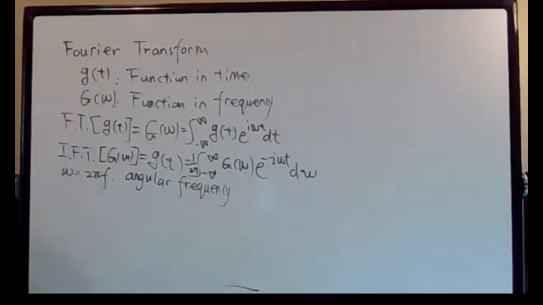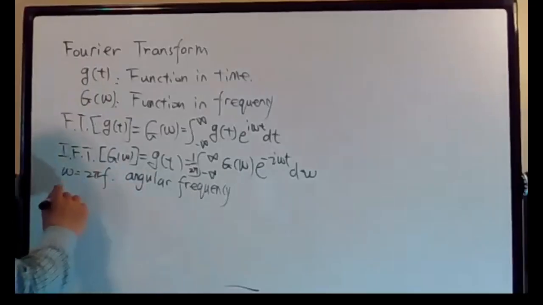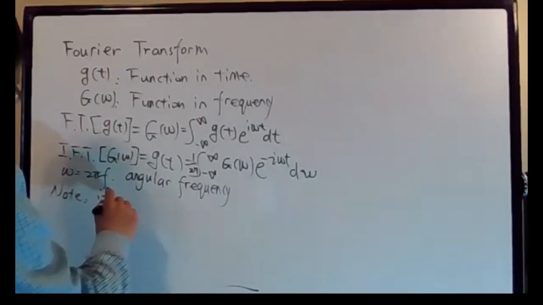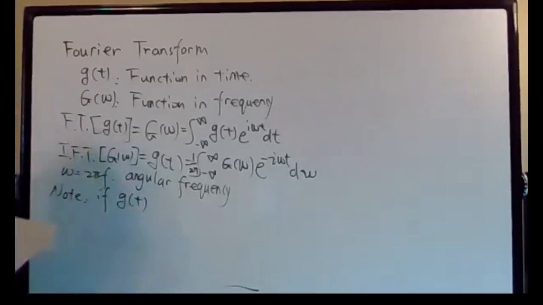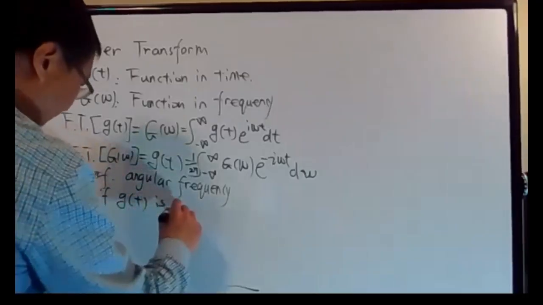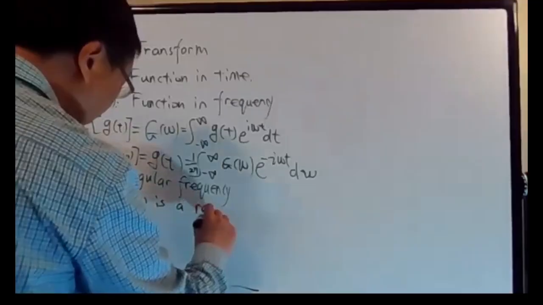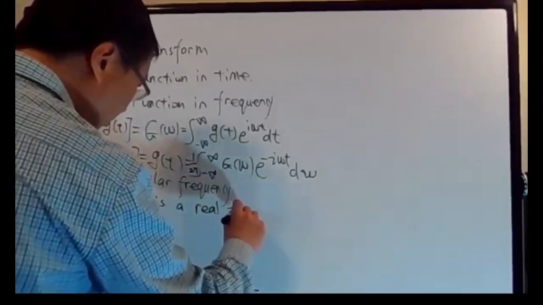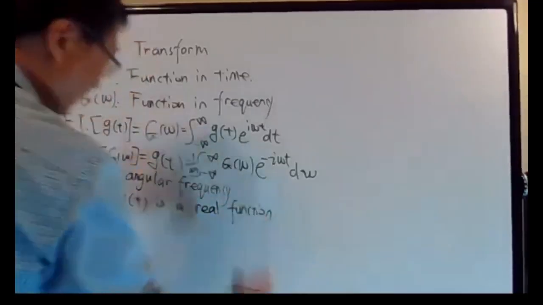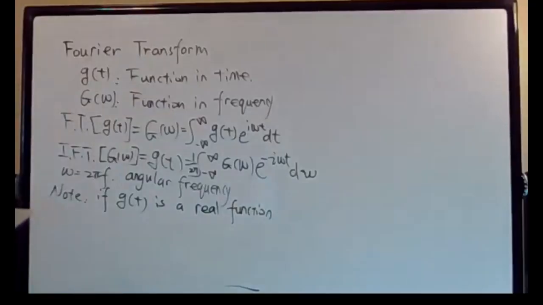Okay, note. So let's look at some property. If g(t) is a real function, let's see what happens here.